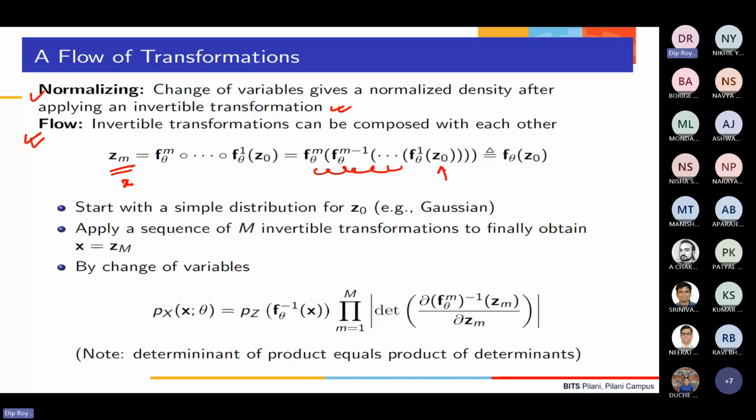So what we are doing is, in the previous slides, we talked about only one component, which was one invertible function. But when you are actually designing flow models, you have to stack up multiple invertible functions to come up with a more complex distribution.